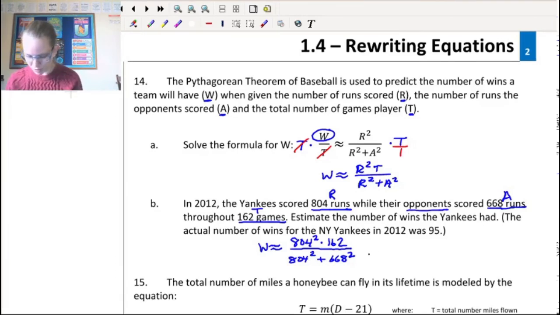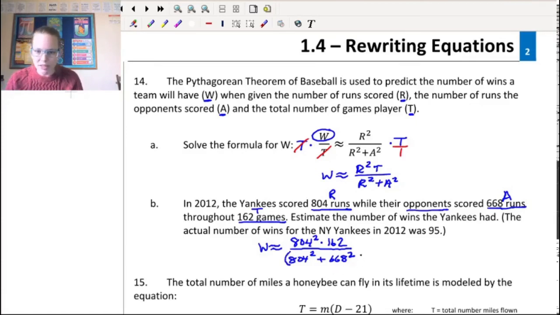So 804 squared times 162 divided by, when I put this division into my calculator, if you don't have a fraction bar, you will need parentheses around this. Otherwise, it's only going to divide by the 804 squared and think you're just adding this to the whole thing. So parentheses, 804 squared plus 668 squared, close parentheses.